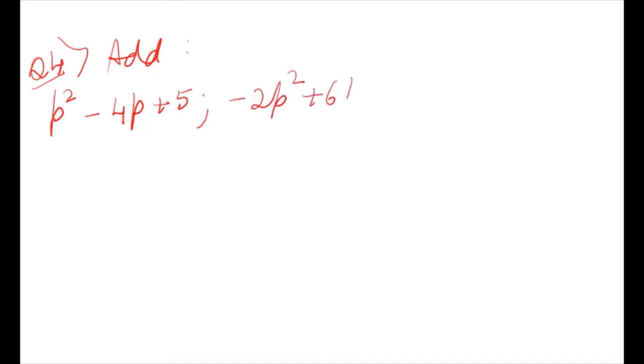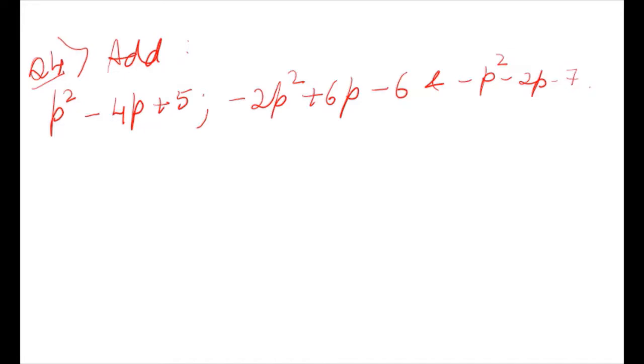Add p square minus 4p plus 5, minus 2p square plus 6p minus 6, and minus p square minus 2p and minus 7.